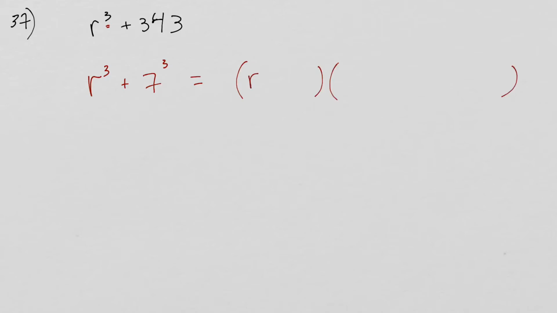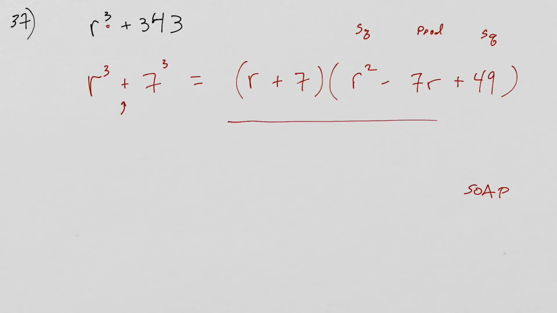The cube root items go in the binomial. And in this, we put square, product, square. So we square that, the product of the two items, and the square of the last item. And then remember, we use SOAP. Same, the same as this, opposite of that, and always positive. So this is the final factored answer.